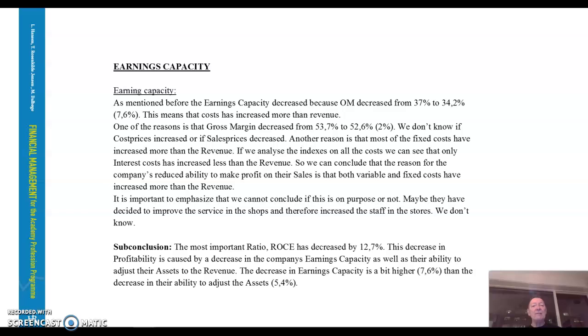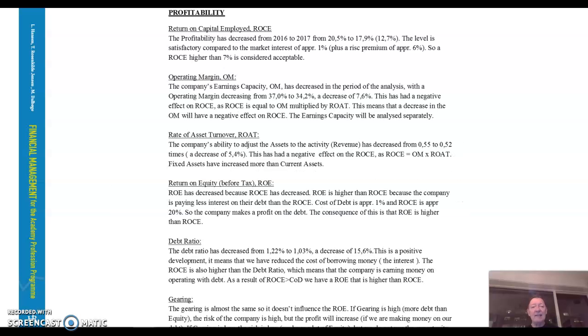The next part is the earnings capacity, and as I told in part 1, the profitability, you have it here, and one of these in the first triangle: return on capital employed, operating margin, and rate of asset turnover.